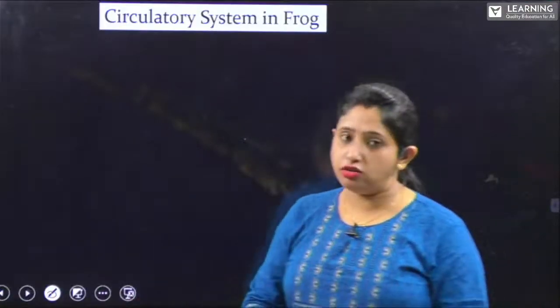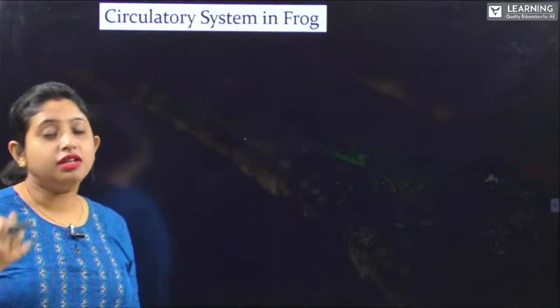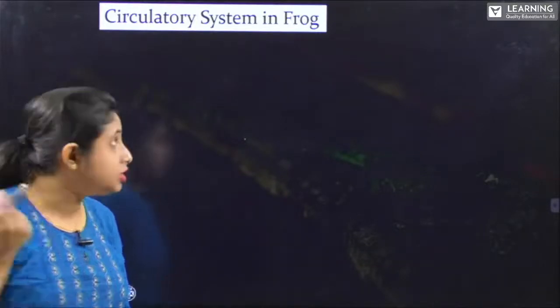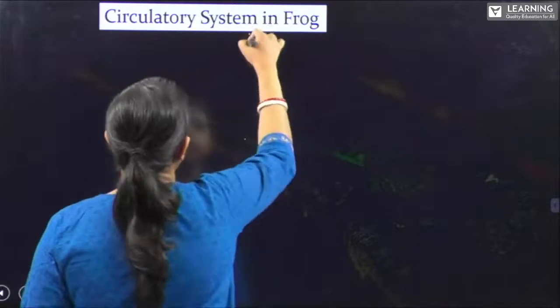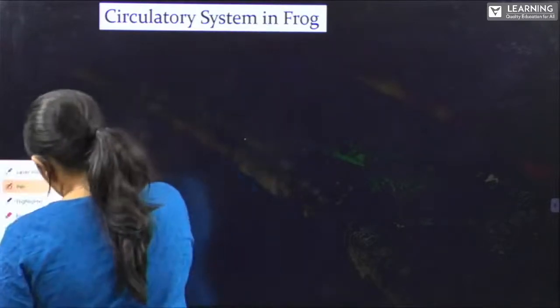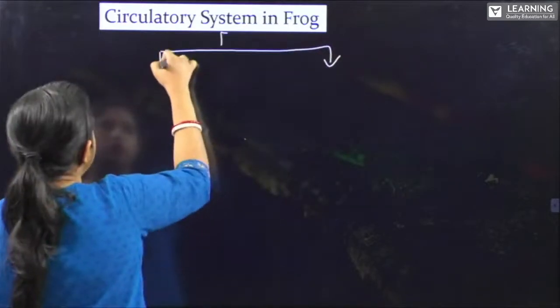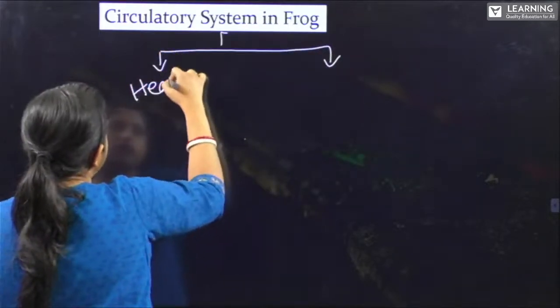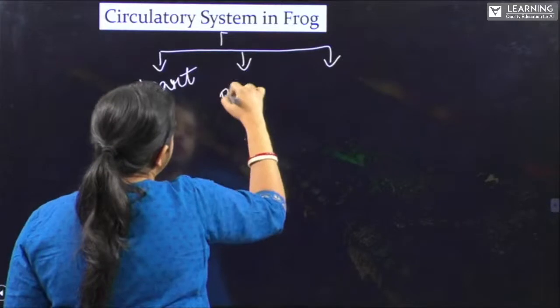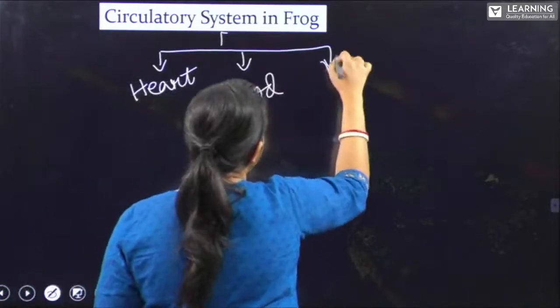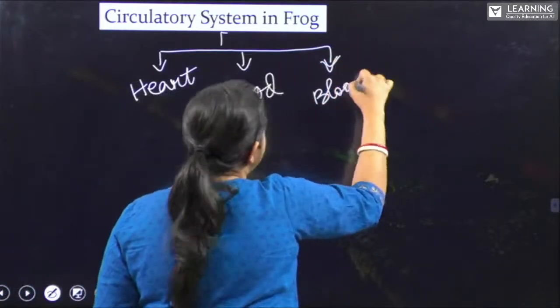Now talking about the circulatory system, that is how the circulation of blood takes place. For the circulatory system, we need heart, right? Then we need blood. Then what is needed is blood vessels.